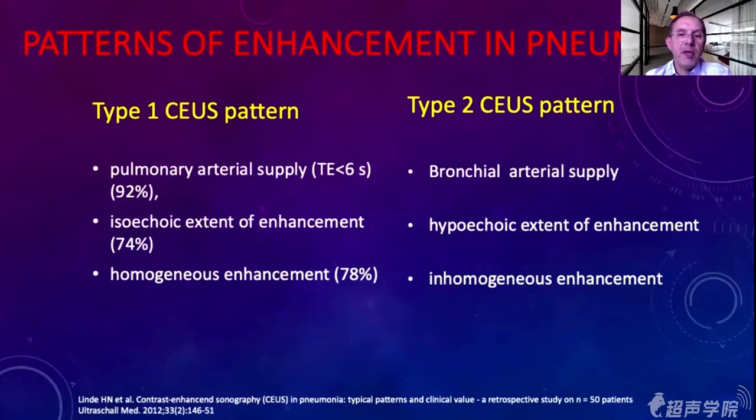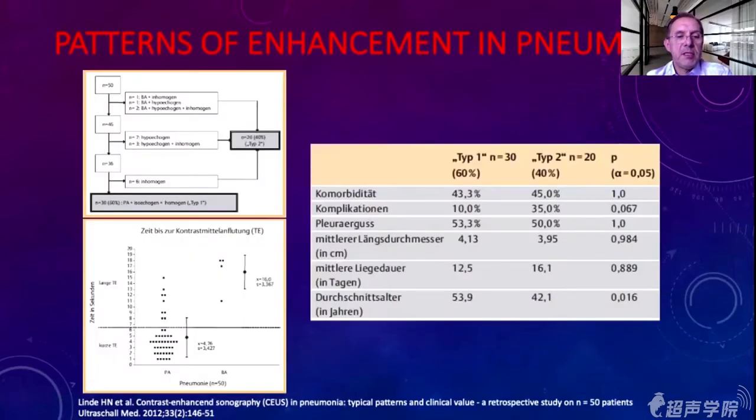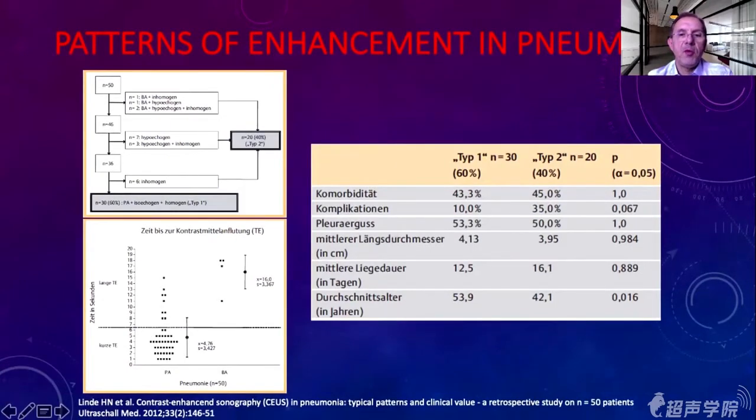Here we have a hyperechoic extent of enhancement and sometimes an inhomogeneous enhancement. According to this study published some years ago, this type 2 enhancement seen in pneumonia is significantly associated with more complications, 35% of cases, 10%, and is more often seen in younger age.